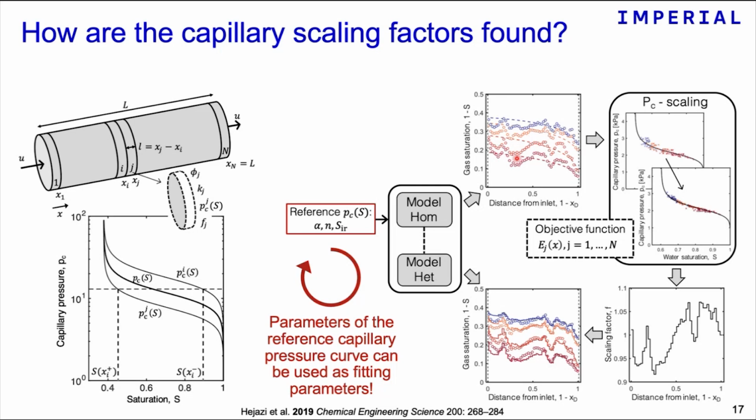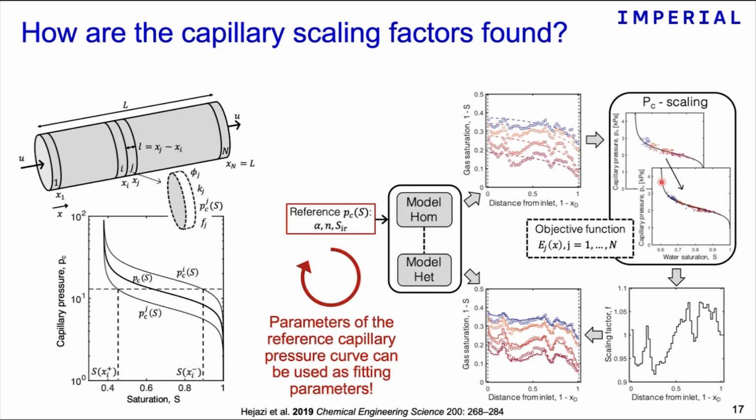We actually know, because of the nature of the experiments, what is the capillary pressure profile in the rock. And so the way to obtain the scaling factor is to essentially map this individual capillary pressure curve to a reference capillary pressure curve. So by using the scaling factor, you should be able to scale all these points that you measure during the experiments around a universal curve, right? So this is the way it is obtained.